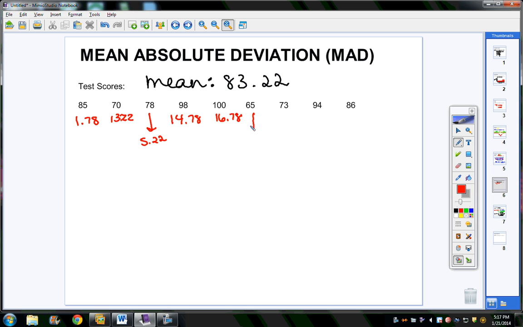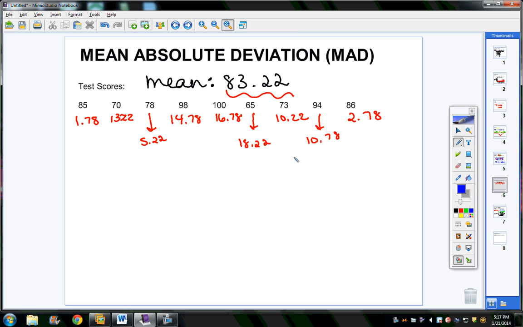Here we have 18.22. Here we have 10.22. Here we have 10.78. And here we have 2.78. So this is how far each of the original scores are away from the mean.